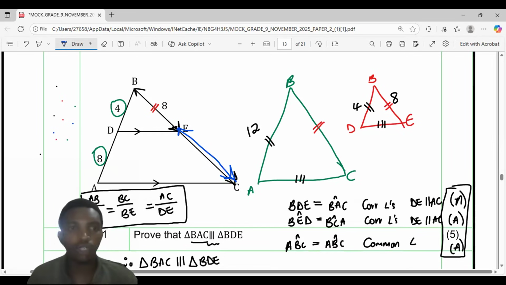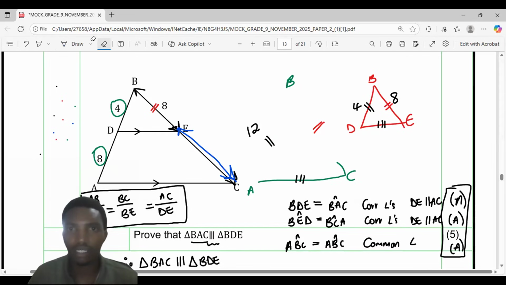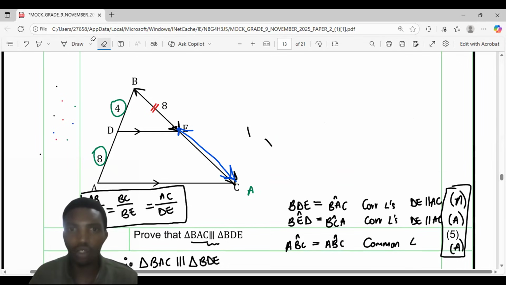Then what we do is, let me erase here so we can have enough space. We know how much AB is. AB is 12, over, we said BD is 4, right?